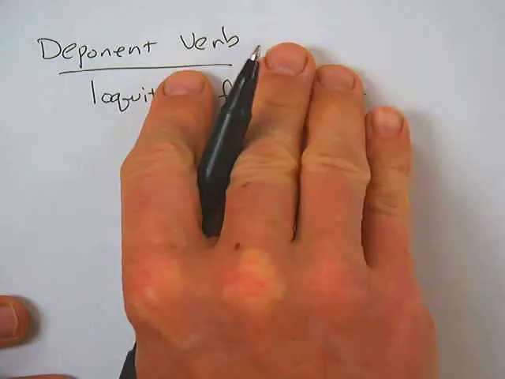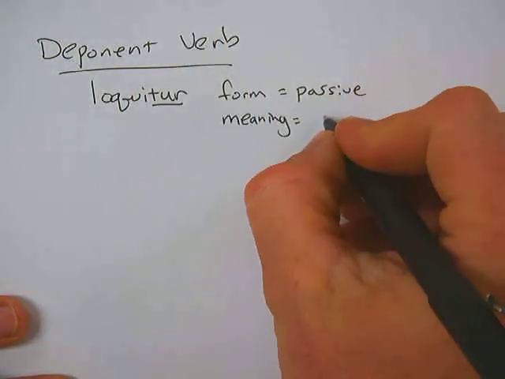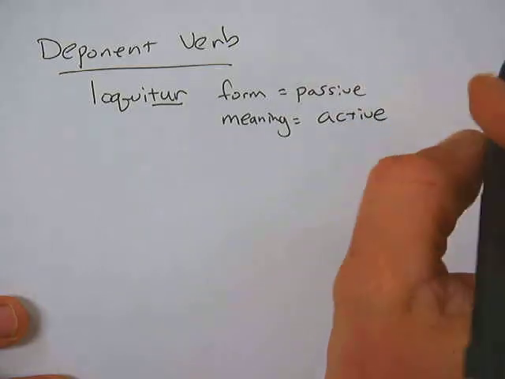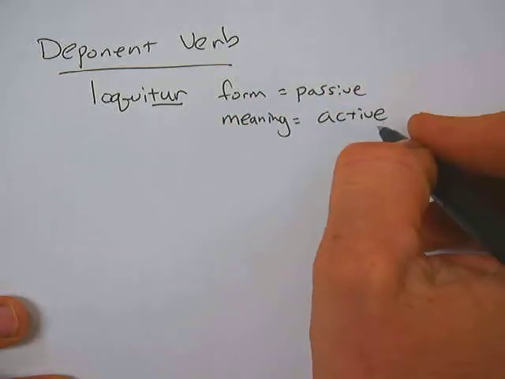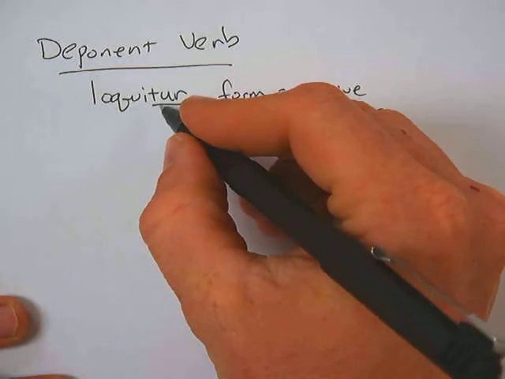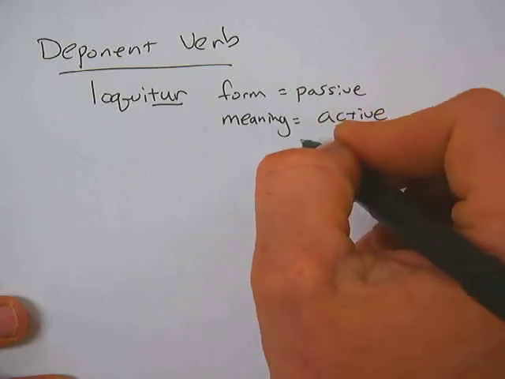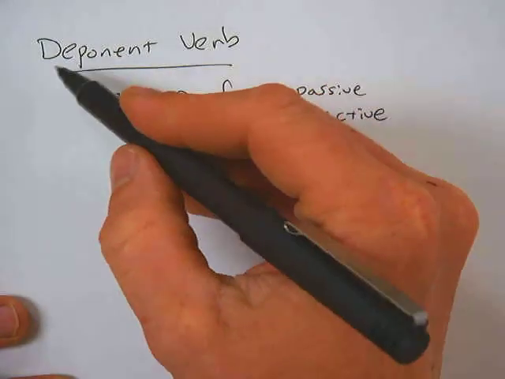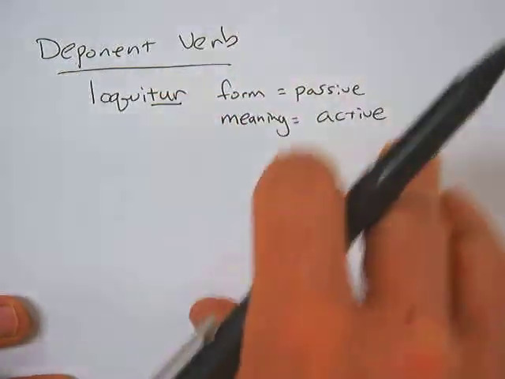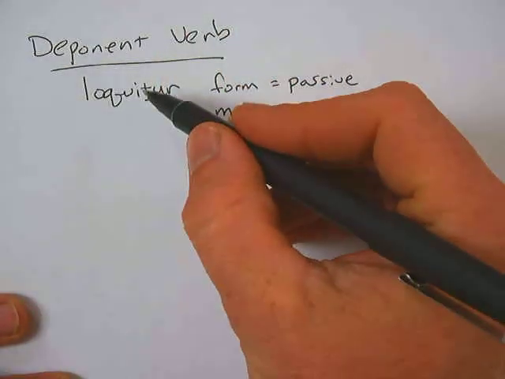So the meaning of the verb, although the form is passive, loquitur, it's not loquit, okay? It's loquitur. The meaning is active. These are words that have set aside their active forms, and they only have passive forms left. But those passive forms are active in meaning. I know it's kind of confusing.